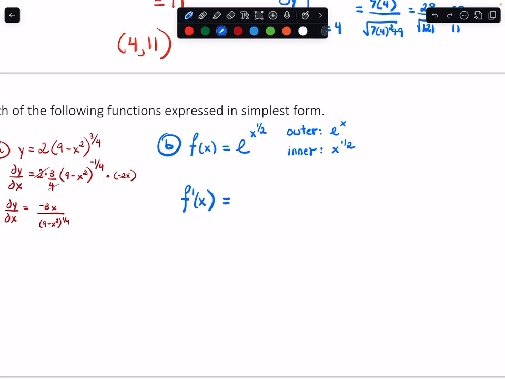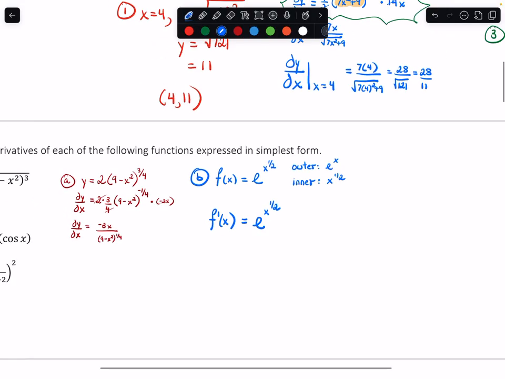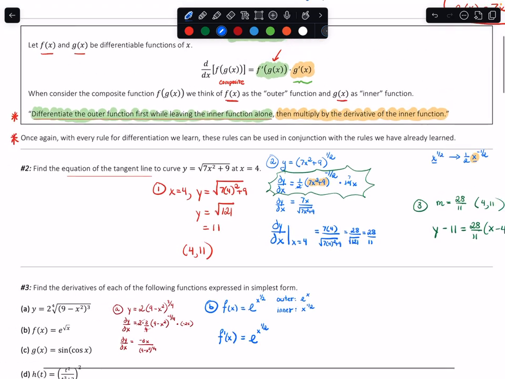What is the derivative of e to the x? It's e to the x. Actually, the derivative of e to the something is e to the something times, we'll get to that in a second. So the derivative of e to the x to the 1/2 is e to the x to the 1/2. That is actually me differentiating the outer function while leaving the inner function alone.